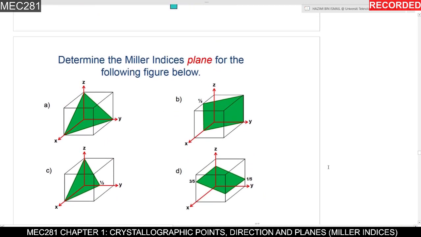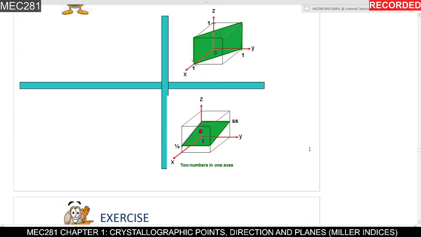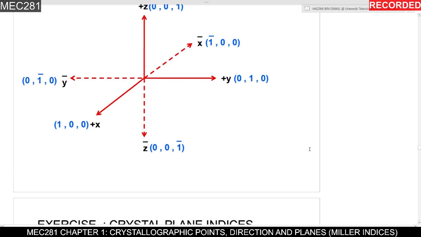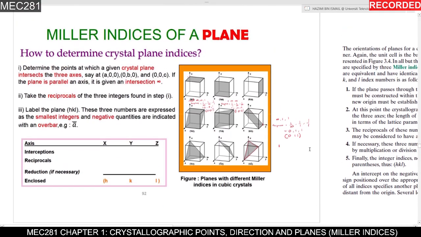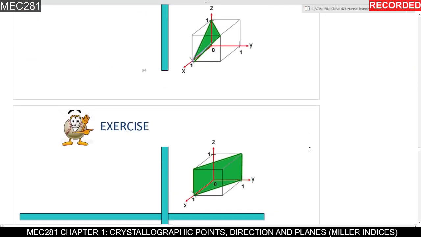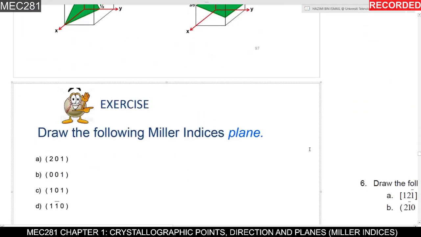If you have problems solving it, you must try to Google it first or find it in the textbooks first, and then if you still have problems, you ask me in the WhatsApp group. So I think that's all the essential information you have to know about the crystallography of directions and planes. So I think that's all for this video.